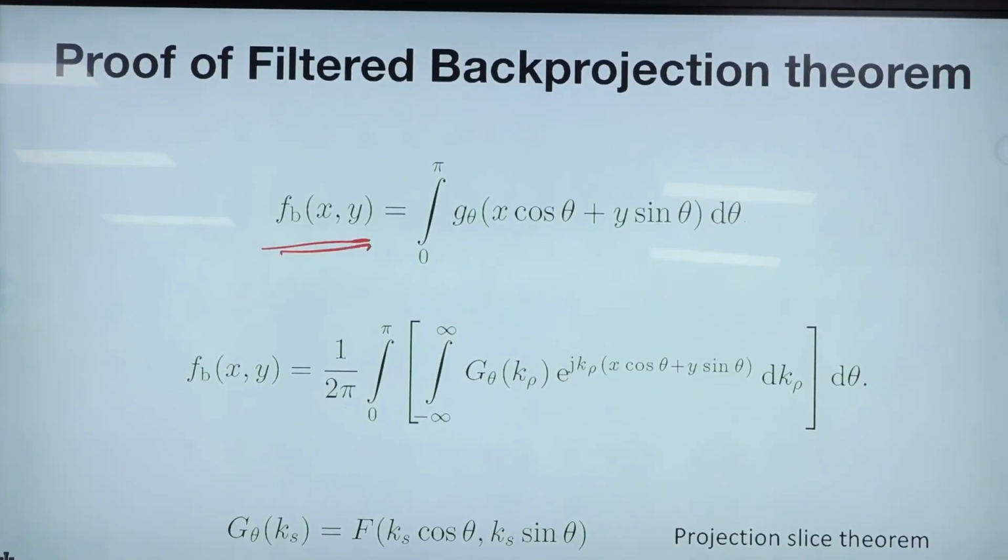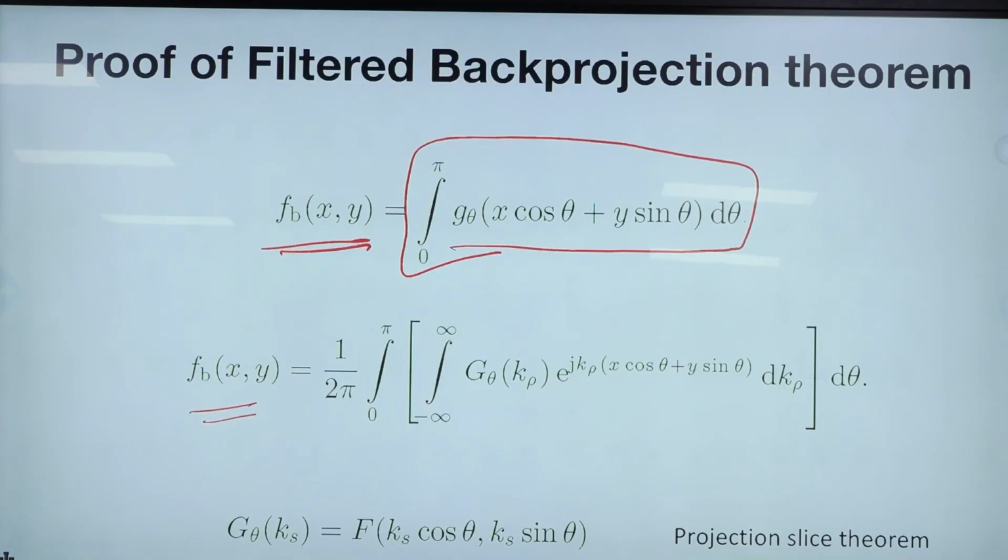So FB of x comma y is this. This is the back projection equation. You write it in terms of g of theta. Instead of g of theta, you take the Fourier transform, G of capital.